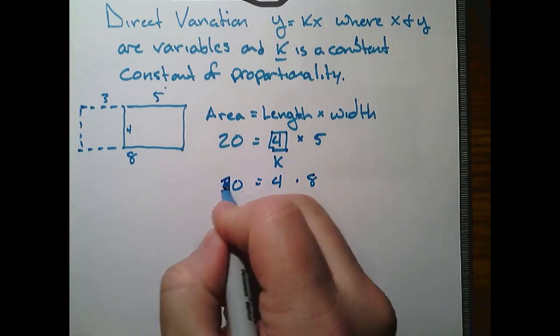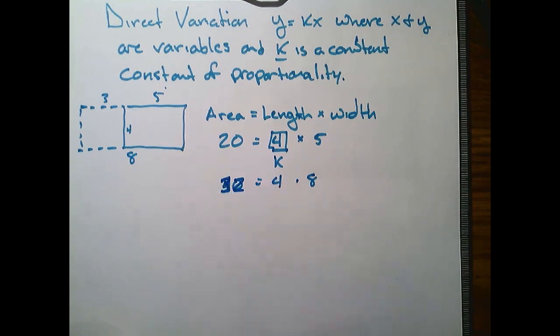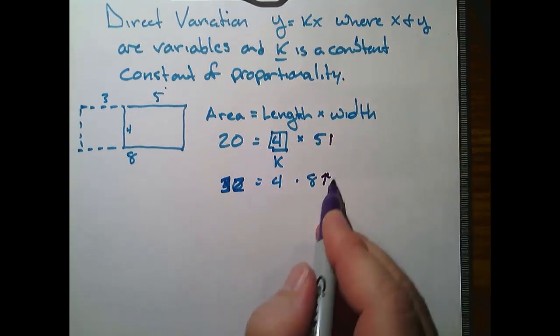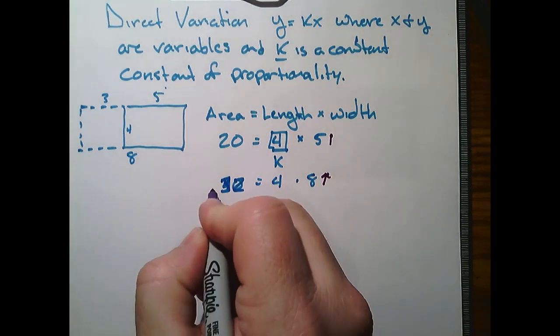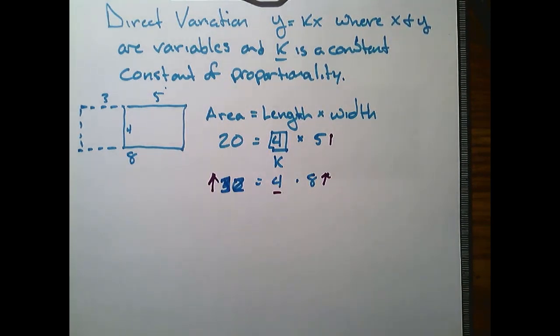Whoops, 32. Mr. Monroe can't do math today. 32. So we see with a direct variation, as our width increased, our area increased by our ratio of 4.